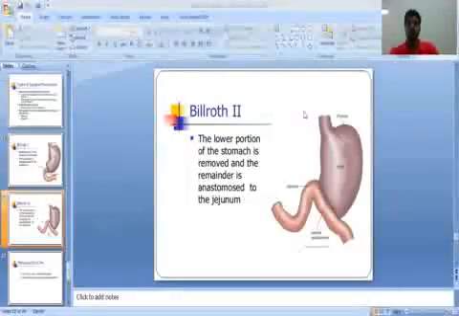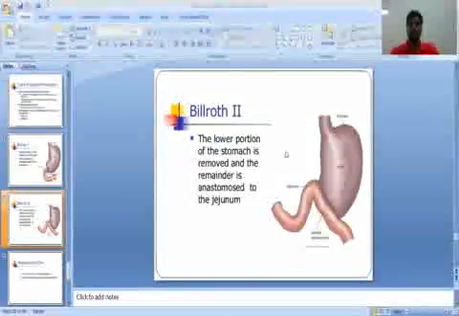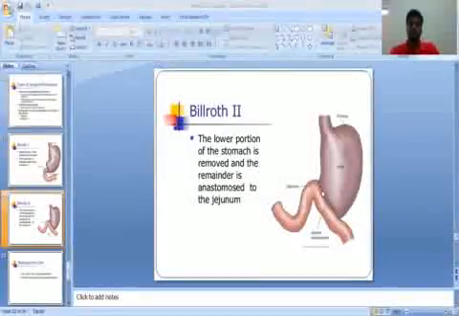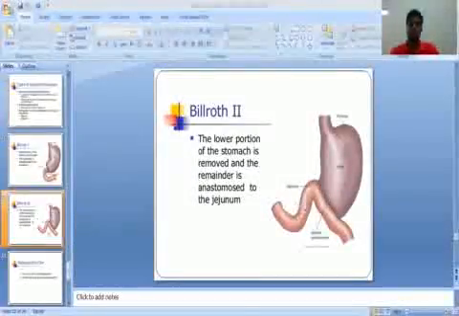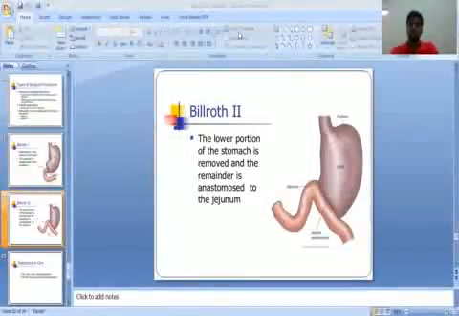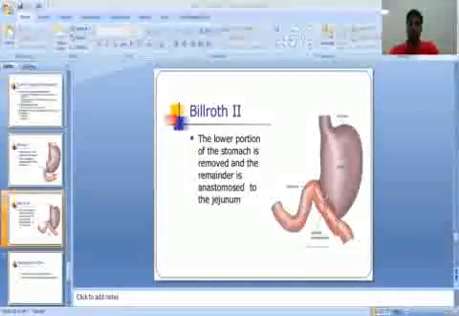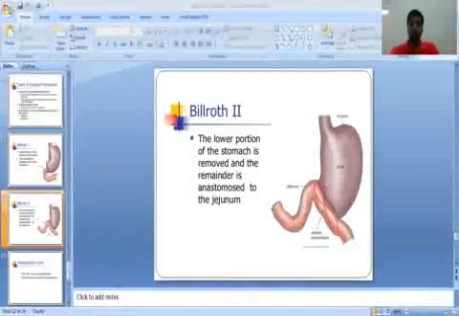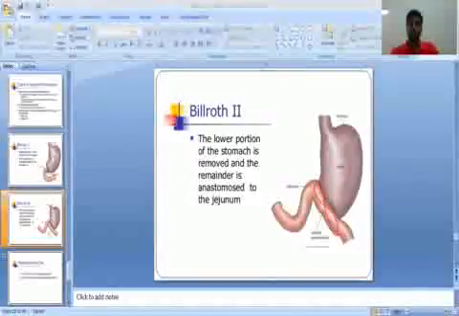This is the jejunum part attached to the lower portion of the stomach. Clear, students?